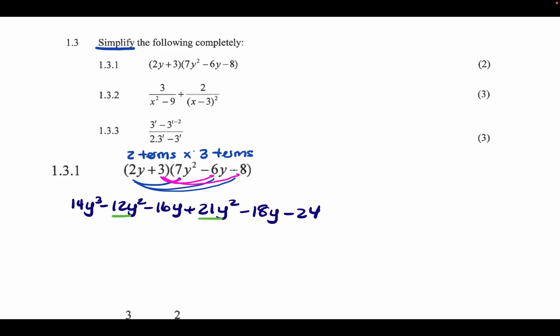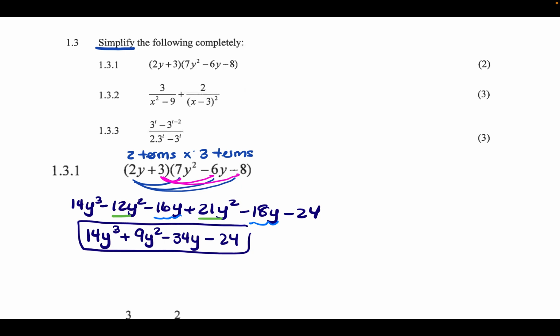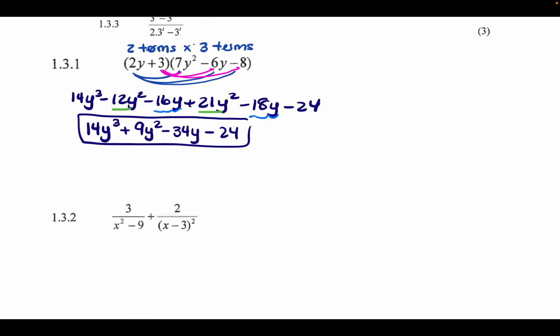And we also have the y terms that we can combine. So we keep our 14y cubed, we add negative 12y squared and positive 21y squared, and we get plus 9y squared. And then our negative 16y and our negative 18y, negative 34y, and minus 24. And that is fully simplified, no parentheses.